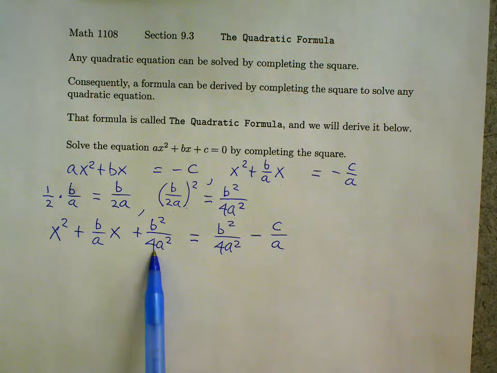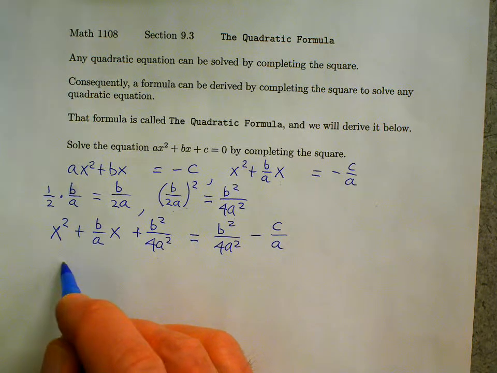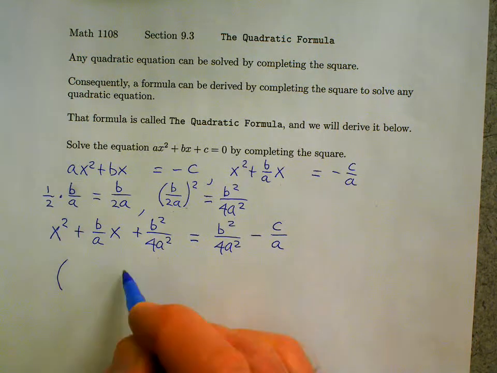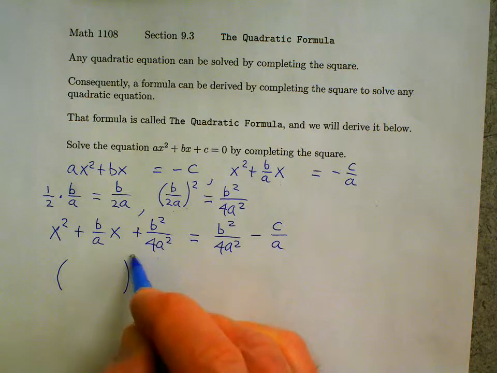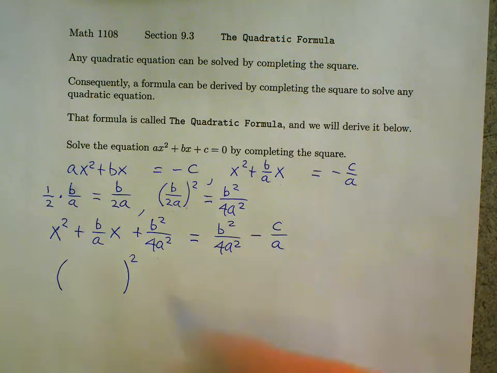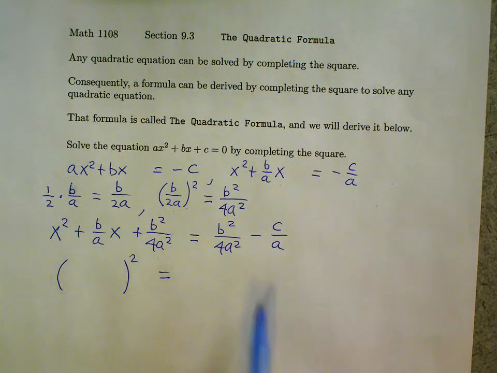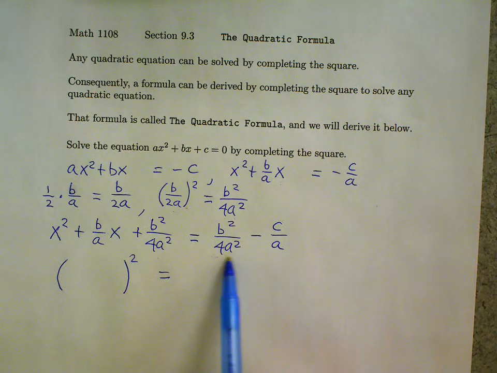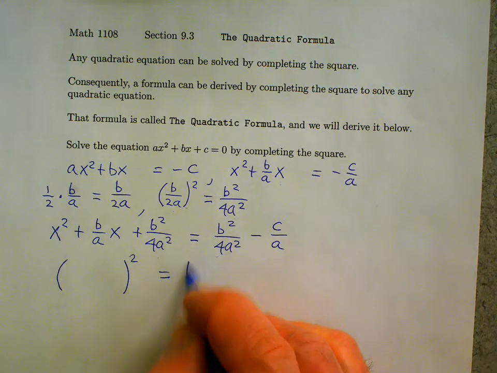Okay, the left-hand side is a perfect square trinomial. So when we factor it, we get a binomial squared. On the right-hand side, the least common denominator is 4a to the second. So we'll get started on that.